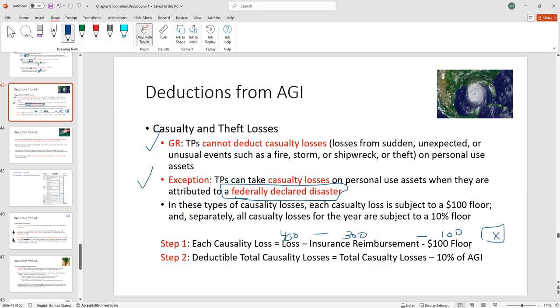For each casualty loss, my house, my car in the federally declared disaster, you then add all of those up from step one. You back out 10% of your AGI, and only to the extent it clears that are we able to deduct it. So it's kind of like medical. You have to have significant losses compared to your income.